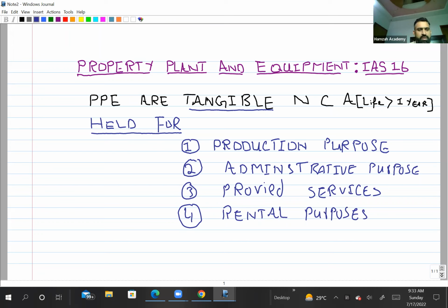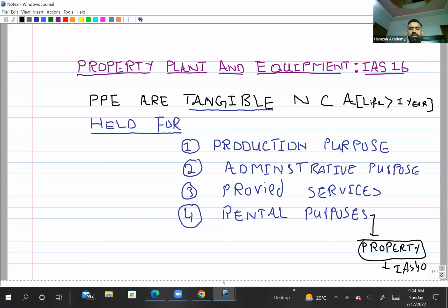But when we talk about rental purposes, if we have a property which is held for rental purposes, then the accounting standard will be IAS 40.